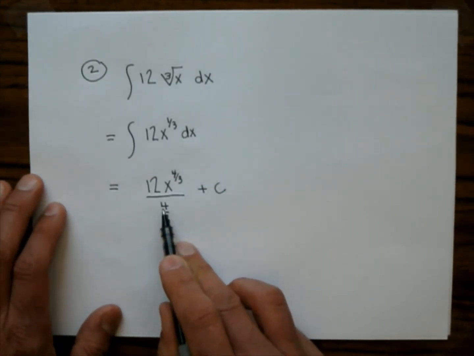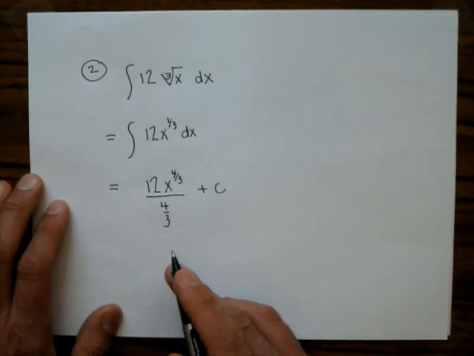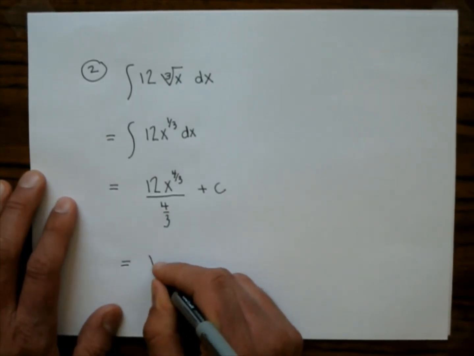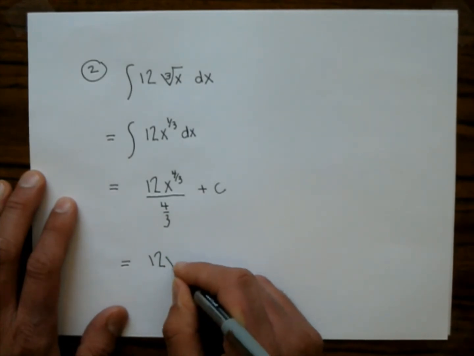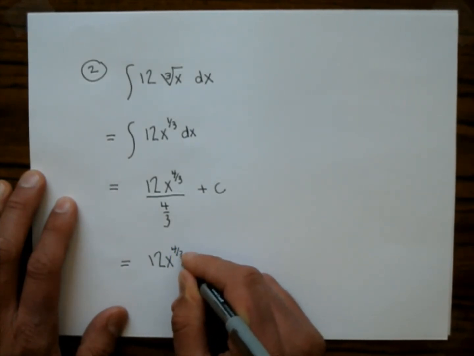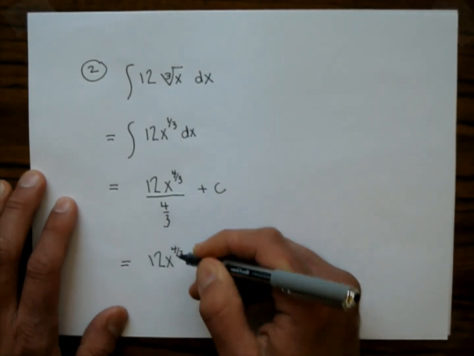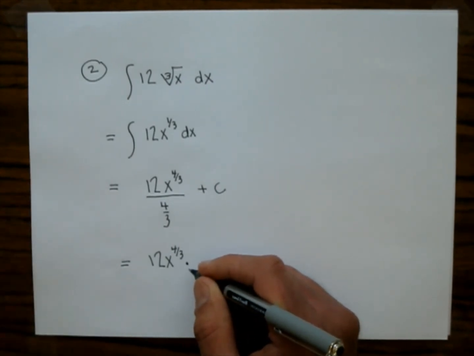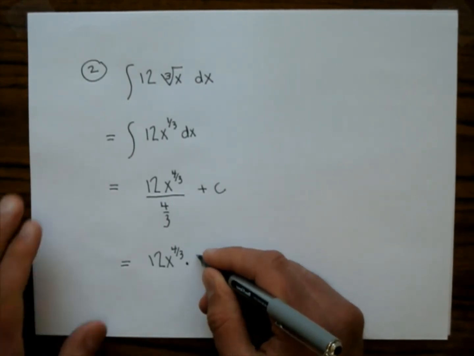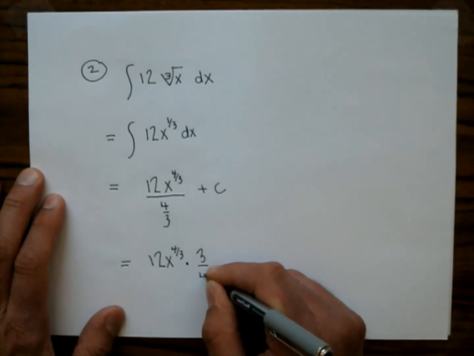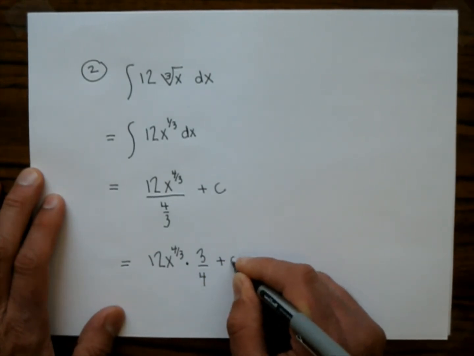Okay, so now something interesting is going to happen when that's on the bottom. We're going to do a copy dot flip. So here's copy, dot, and then we flip that. So this is going to end up being 3/4 plus c.